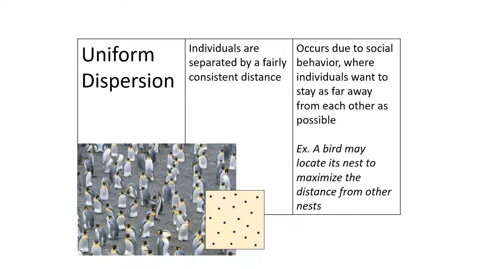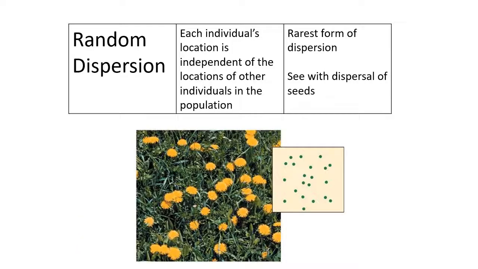It occurs due to social behavior where individuals want to stay as far away from each other as possible, so a bird may locate its nest to maximize distance from other nests. And random dispersion is where each individual's location is independent of other locations and of other individuals in the population. This is the rarest form of dispersion.